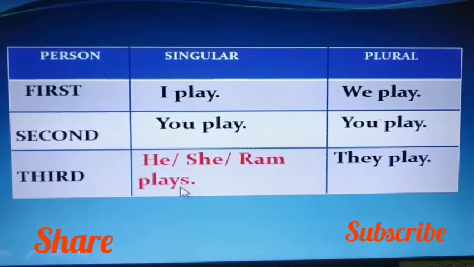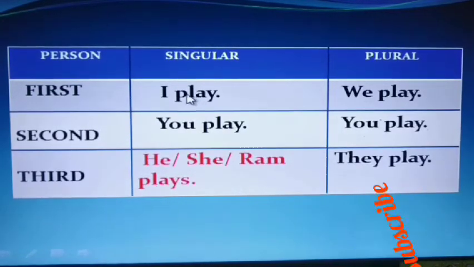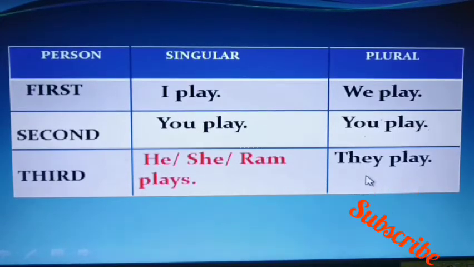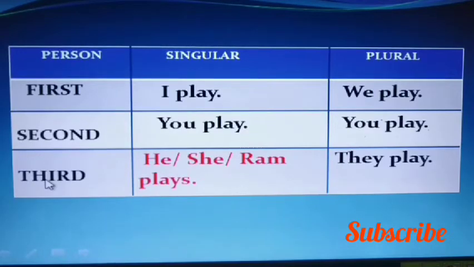We add s with the verb play. And in other cases, we do not change the verb form at all. That is the base form of the verb play. Everywhere, with every person or number. Only in the case of third person singular number subject, we change the verb form.